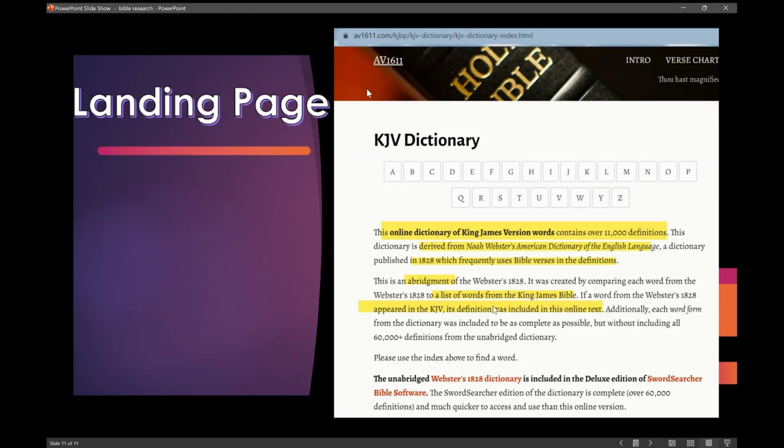The online dictionary of King James Version's words contains over 11,000 definitions. This dictionary is derived from Noah Webster's American Dictionary of the English Language, a dictionary published in 1828, which frequently uses Bible verses in the definitions. So that tells you Webster was trying to find out the meaning of the word in the King James Bible.